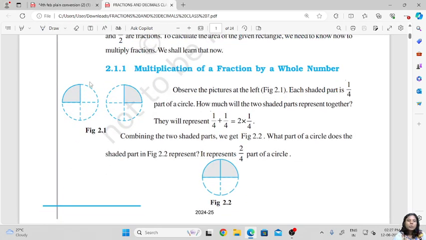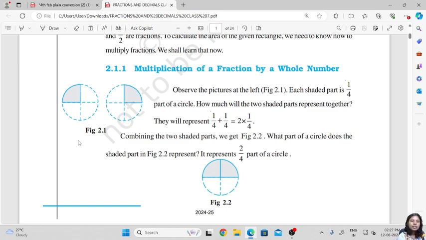Here they have given a simple example. They have a circular shape, divided into 4 equal parts. Out of that, one part is shaded. Observe the picture at the left. Each shaded part is 1/4 part of a circle. How do we know it is 1/4?